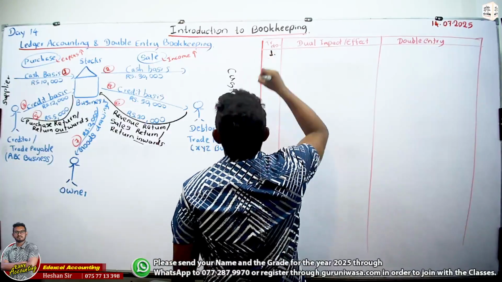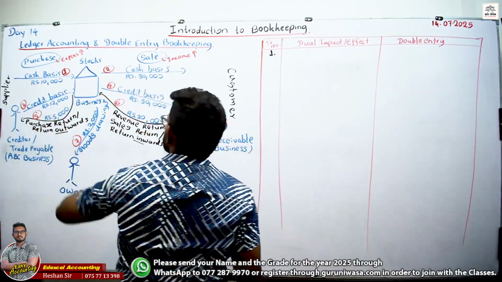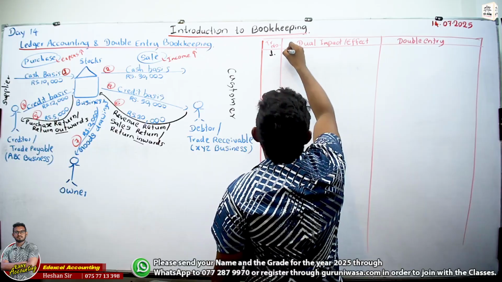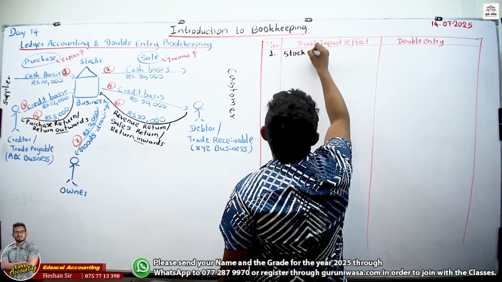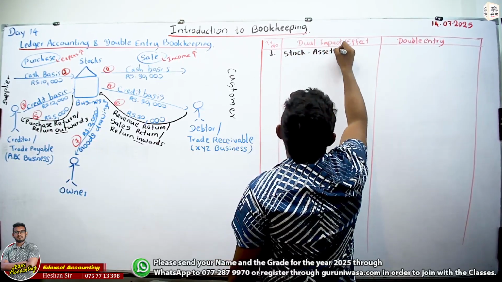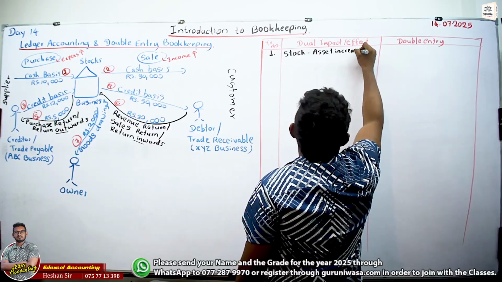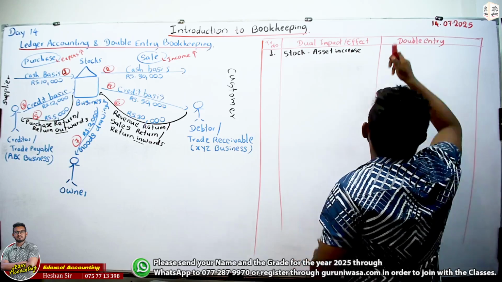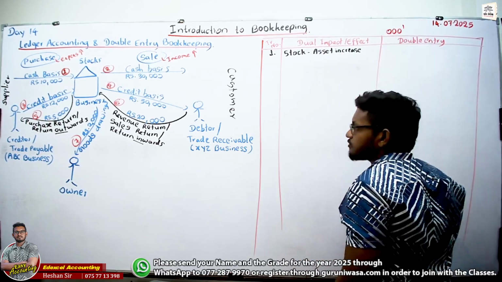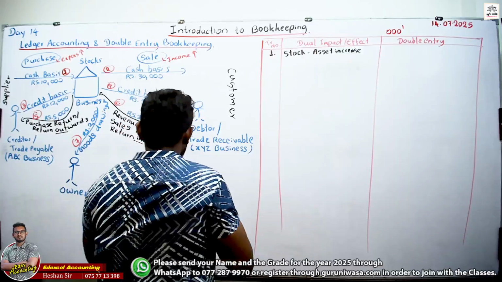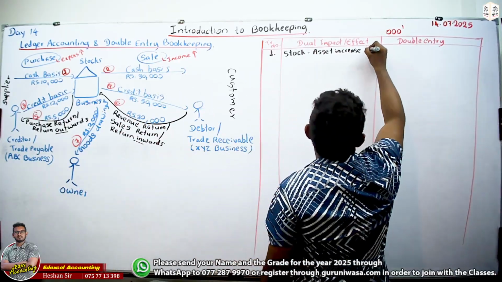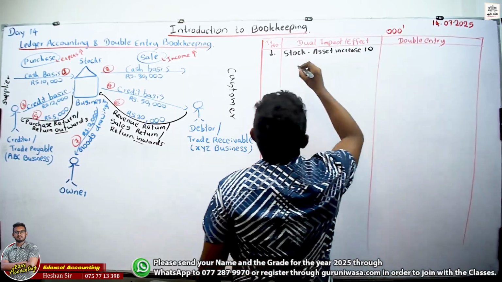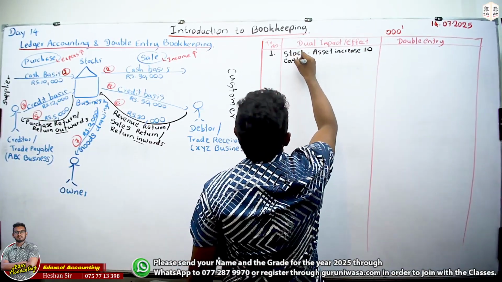What is number 1? Cash basis purchase of stocks or goods. Stock asset increase. I'll round off to the thousands because it's easy for me. 10,000, I write it as 10. Cash asset decrease. Why?